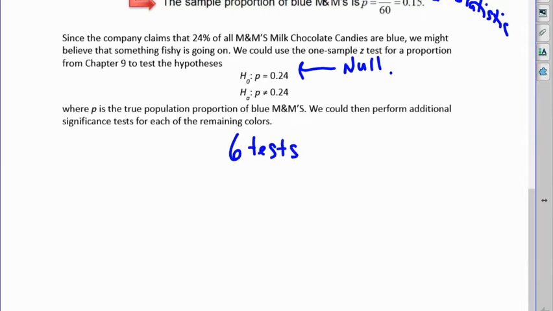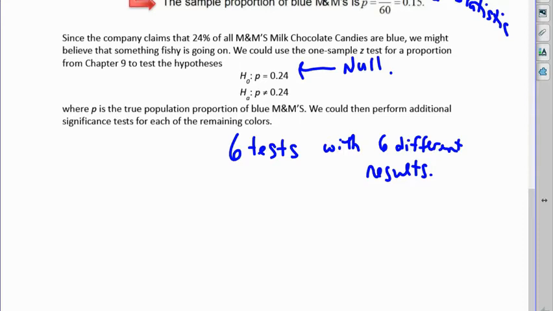But what if some of the results said there was evidence and some said there wasn't evidence? How would we conclude about the whole situation? That wouldn't really tell us, it would only tell us about one color and how that one color fits. It wouldn't tell us how the bags are fitting to the general overall categorical claim that they have stated.